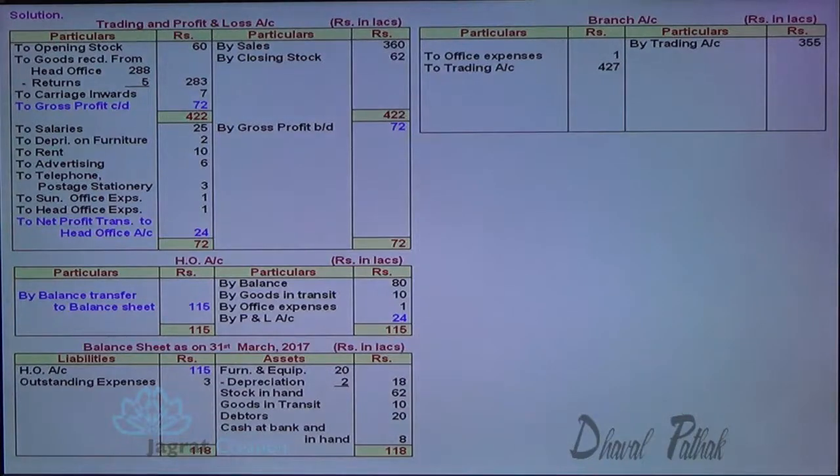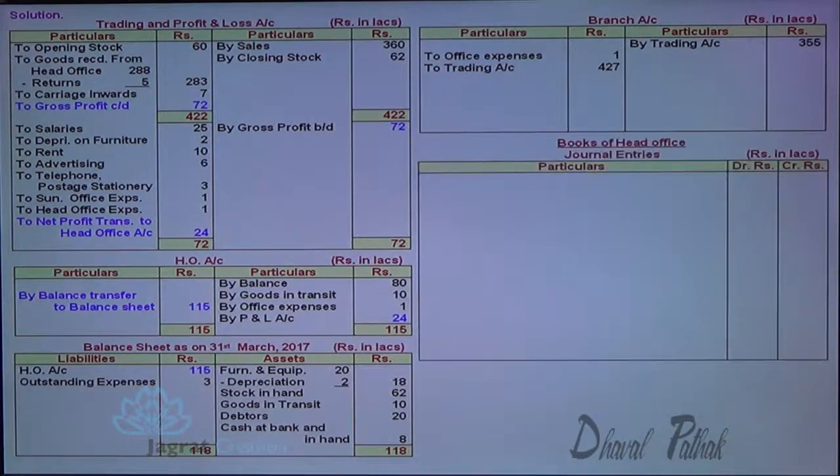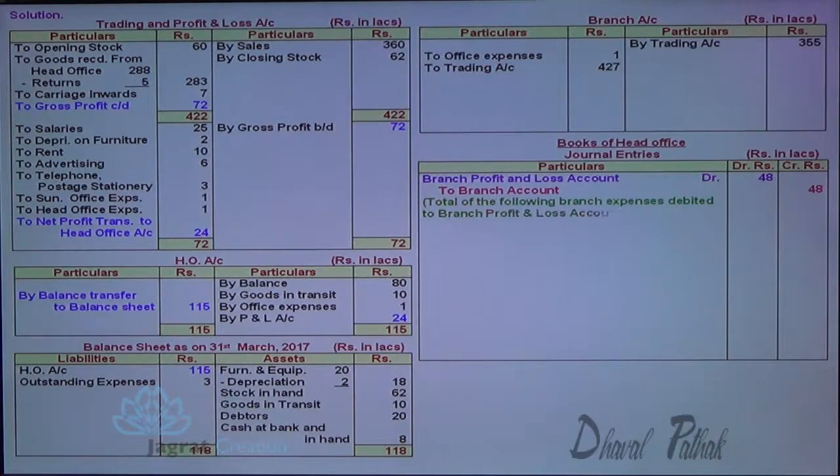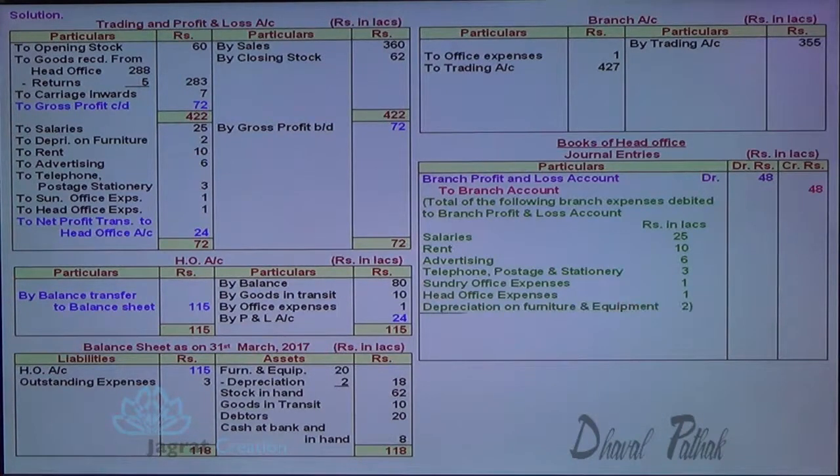Now profit and loss account debit. All these items are debited to the profit and loss account. Branch profit and loss account debit to branch account credit. So all these items are debited to the branch profit and loss account, and the branch account gets credited with 48 in this fashion.